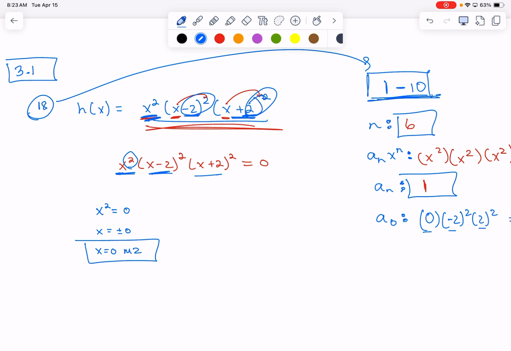Now this is different though. This x minus 2 squared, the square is not on the x, is it? It's around the whole thing. Do you see that? So it's really x minus 2 times what? So you get the same answer twice? So you get x equals 2, multiplicity 2 again. And then I get what?